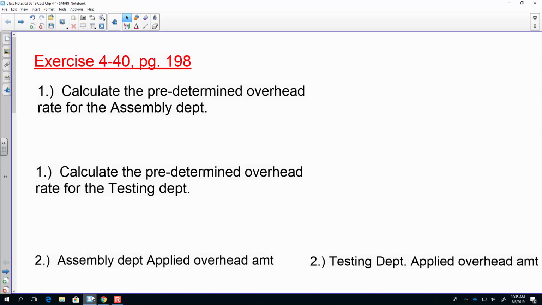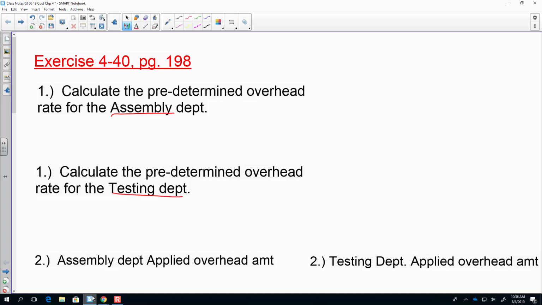And in addition to that, we want to understand how this predetermined overhead rate works and what it's used for. So in this particular case, we're going to be using departmental rates. In most cases, if not all, most manufacturers will have more than just one rate. So this is, again, trying to understand how that rate works.